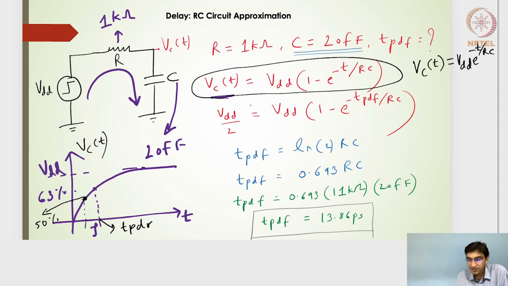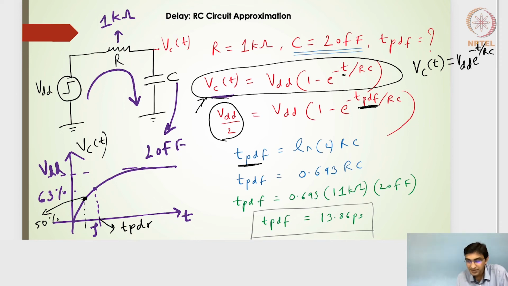In the charging profile equation, if I put the capacitor voltage as VDD by 2, this time will be the propagation delay rising. Although I've written propagation delay falling, I'm assuming that with the same R and C values, the propagation delay falling and rising are equal, so you can take one of them.